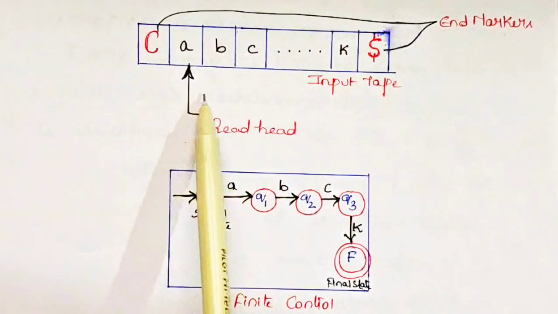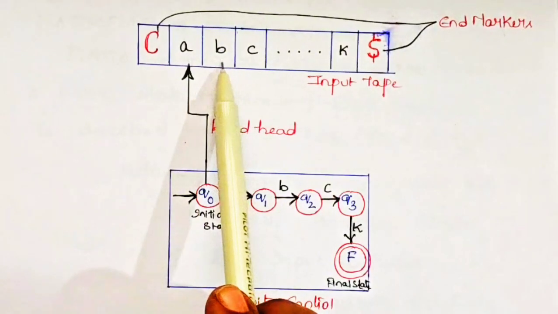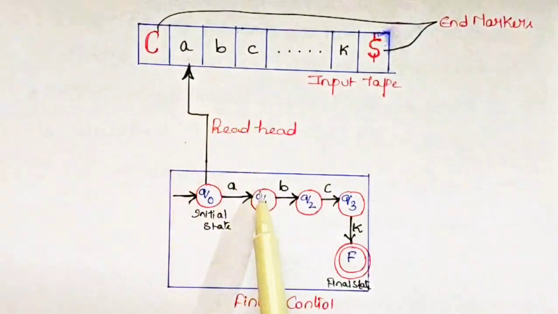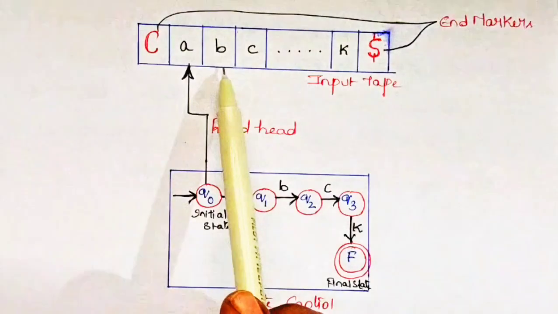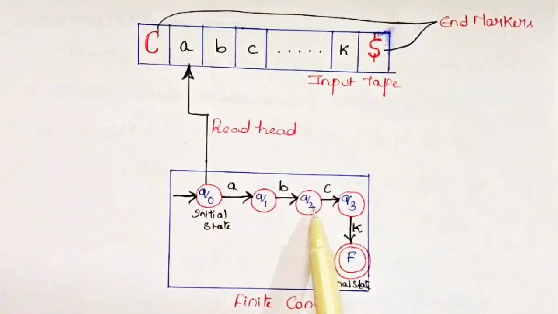Similarly, the read head is pointed towards one position right and the next symbol to be pointed is B. So from the state Q1, the input processed is B and it will move towards the transition state Q2.